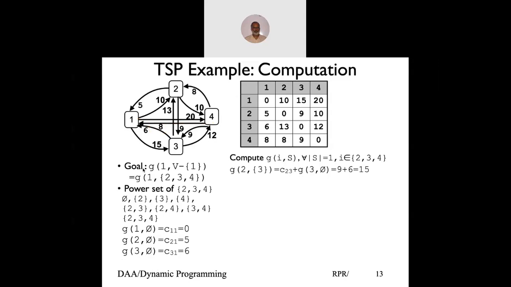Remember, we need to compute G(1, S). That means first we look at going to 2 and then going to 3. So look at G(2, {3}), meaning we start from vertex 2 and go via only vertex 3.